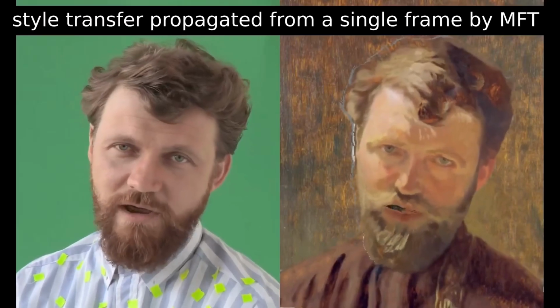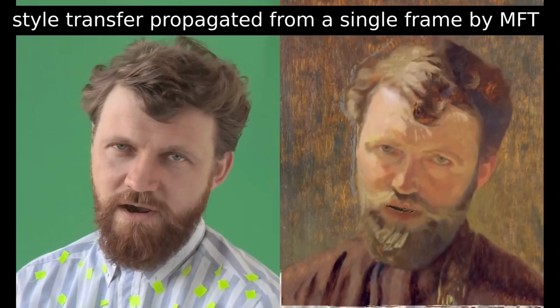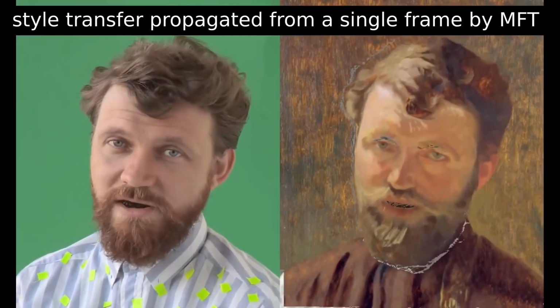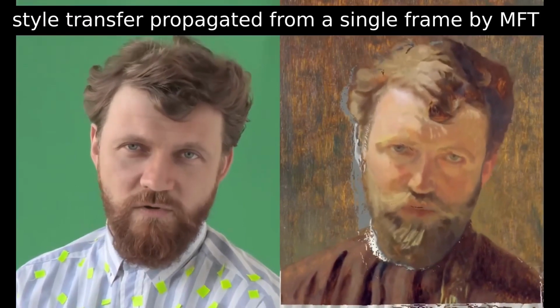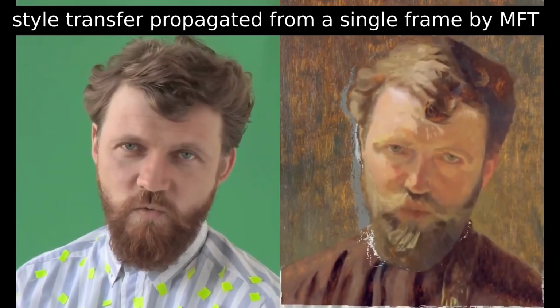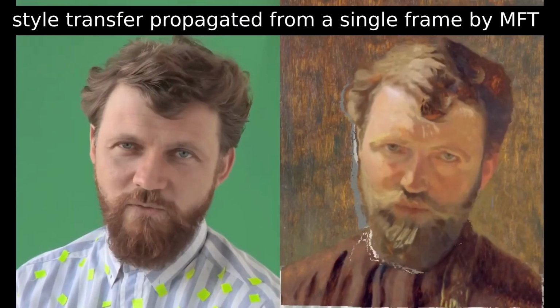Finally, in our last example, we demonstrate how we change the video's style using just a single example frame of a new style. We then applied this stylized frame throughout the entire video using MFT.